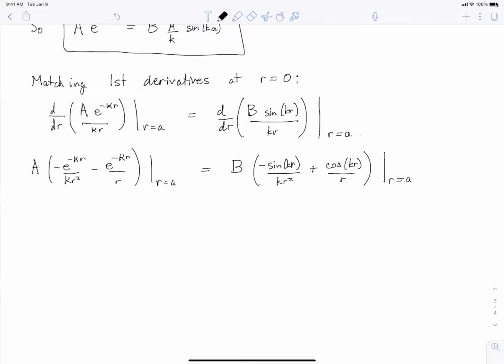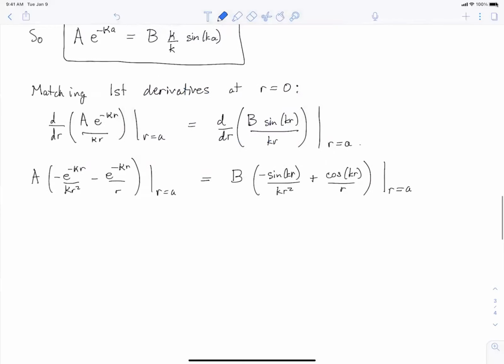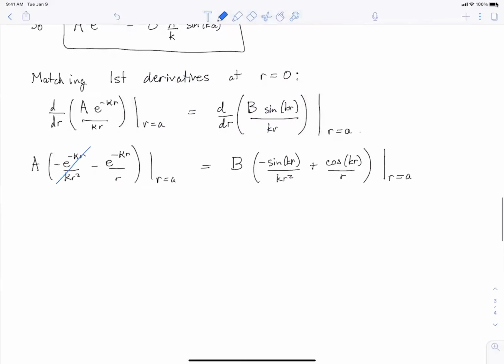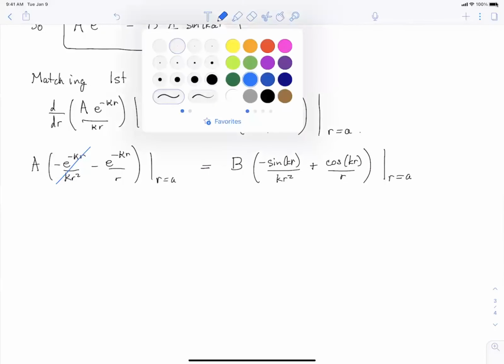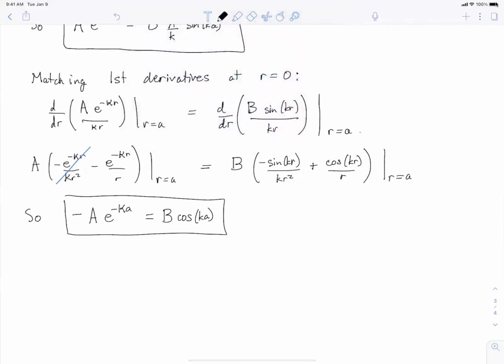And then a nice thing happens. Well, it's pretty ugly, but if I apply the previous boxed formula up here, that gets rid of this term and this term. And so all that's left over is a second equation, which is minus A e to the minus kappa a equals B cosine ka.